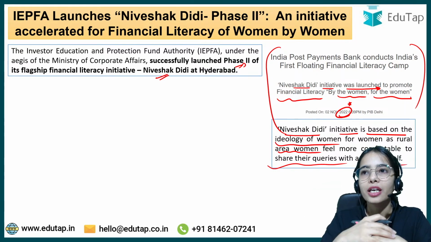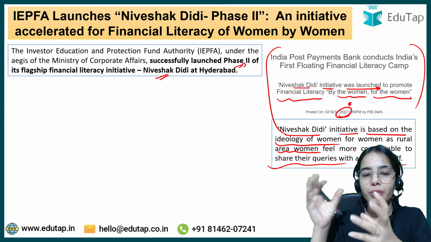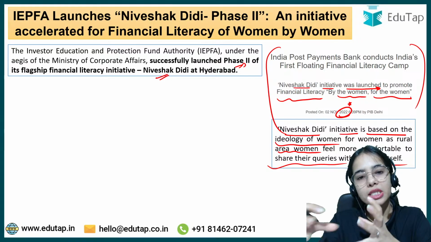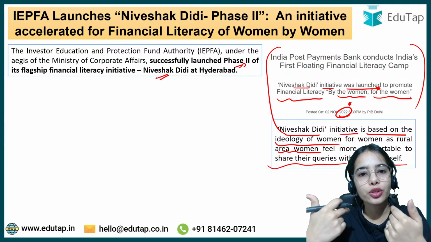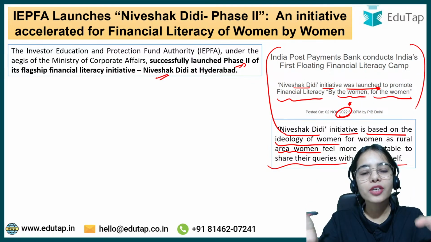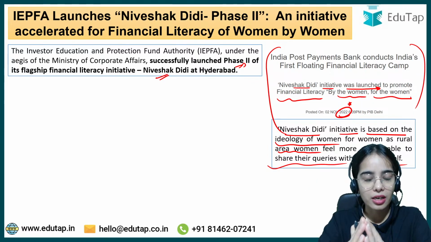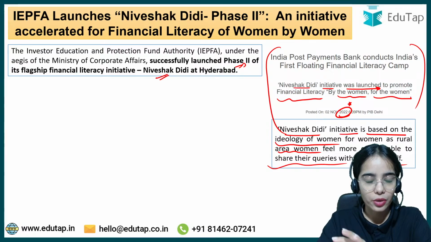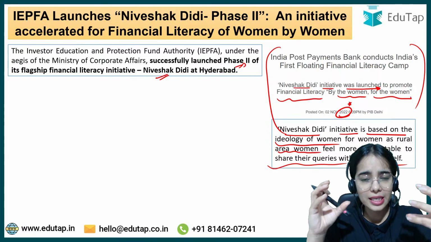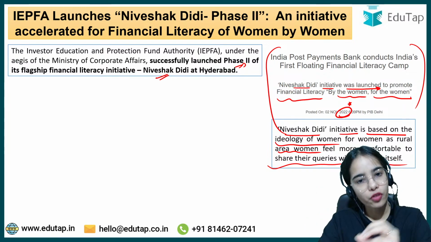If trainers are sent from urban areas, they will not be able to connect with the rural women. That's why under Niveshak Didi, we are going to train the rural women so that they can inform the other women in their villages and area, so that they become financially literate. That's why Niveshak Didi has the tagline by the women for the women.